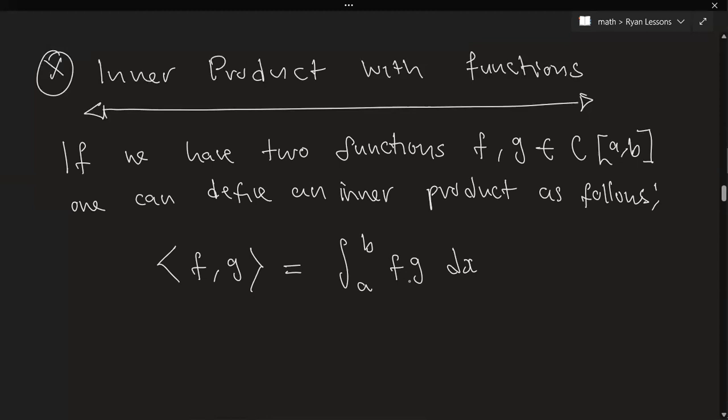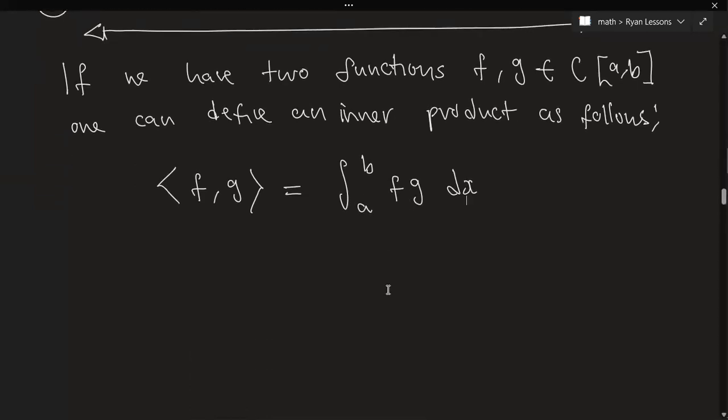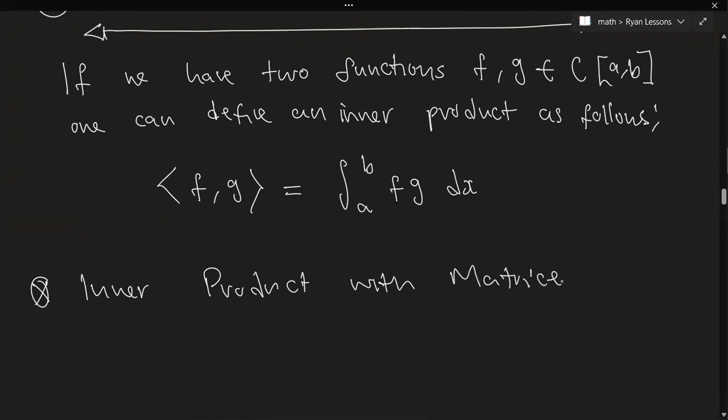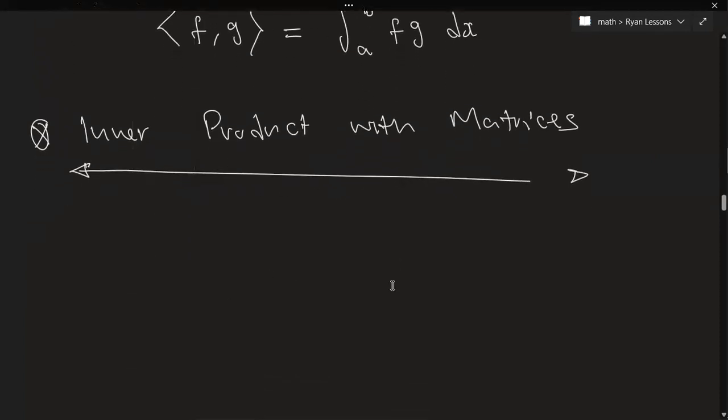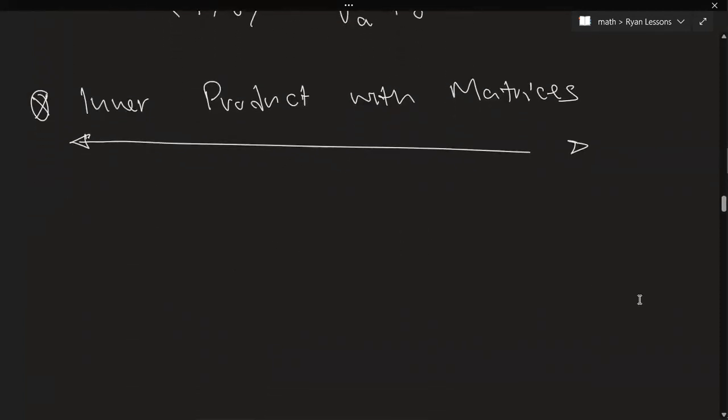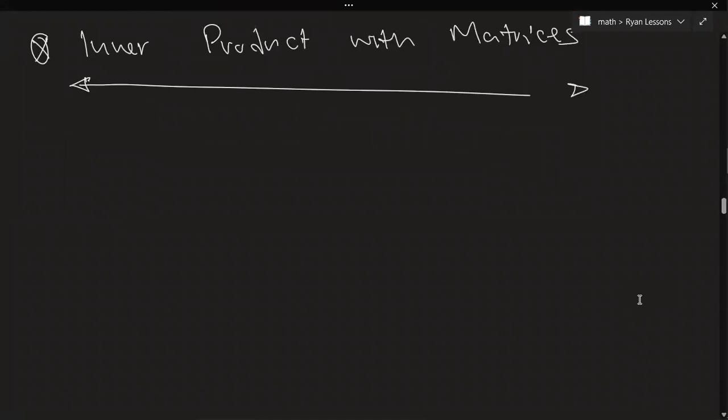So what about other vector spaces? What is the usual way to define an inner product with matrices? What is the common way of defining an inner product within the space of matrices?